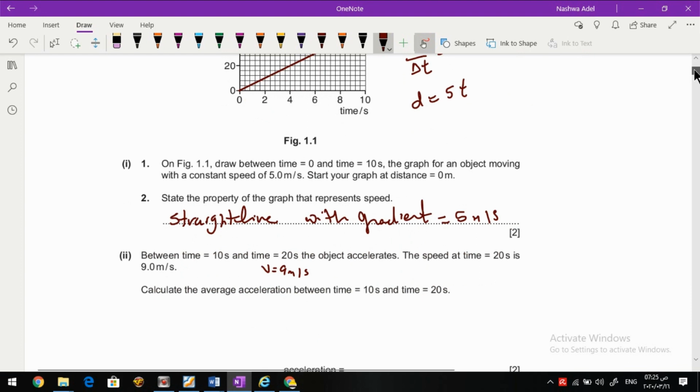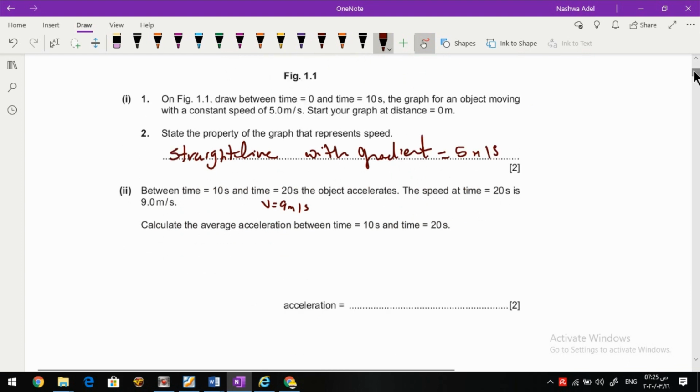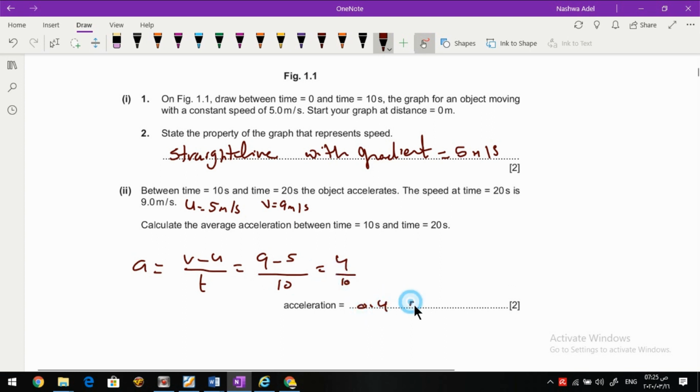The speed was 5 meters per second, so the initial speed u is 5 meters per second. So we can get the acceleration a equals v minus u divided by t. So we have 9 minus 5 divided by the time taken, which is 10. So we have 4 over 10. So the acceleration is 0.4 meters per second squared.